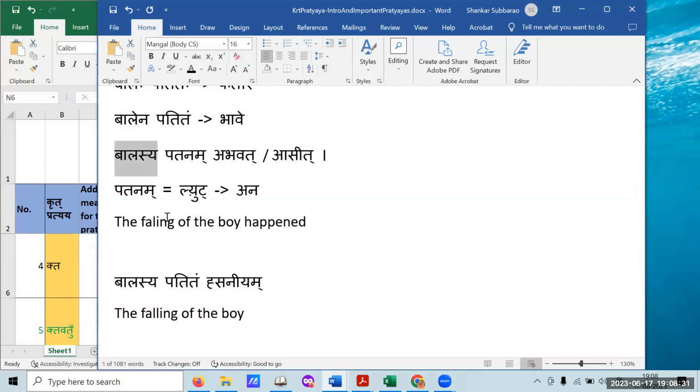If both are there in one sentence, then the object goes in sixth case and the agent goes in third case. We will see an example later for that. All right. This is clear so far?